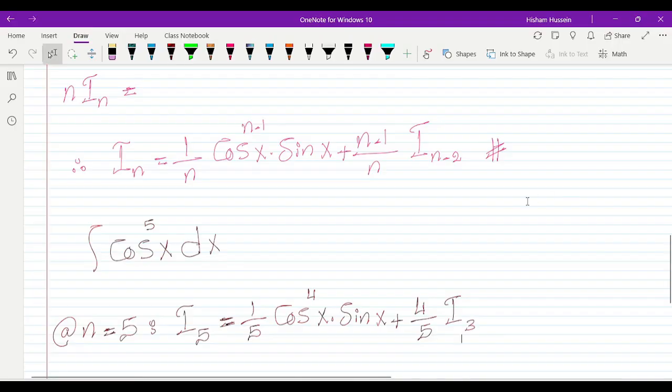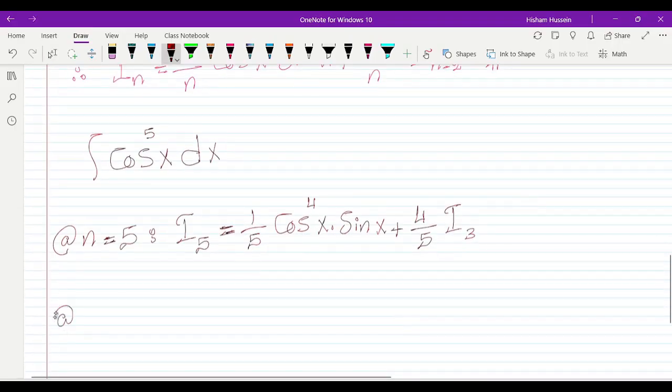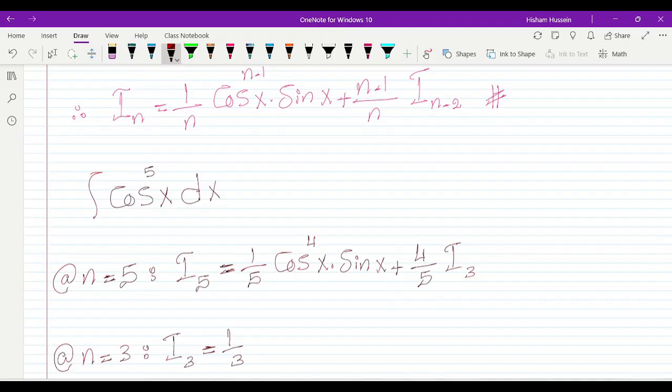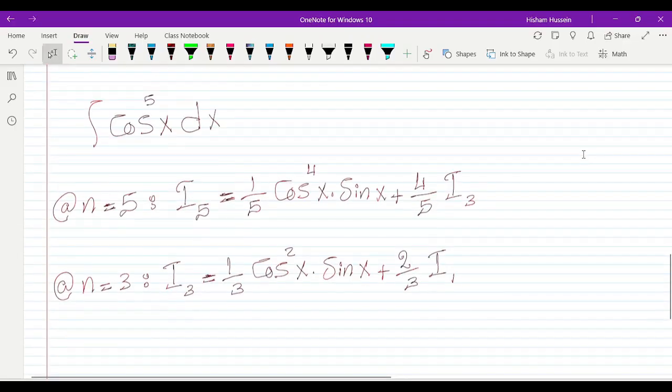Still, we need to evaluate I3 at n equals 3. So I3 is 1 over 3 cosine to the power 2 x times sine x plus 3 minus 1, which is 2, divided by 3 I1. Simply, I1 is the integral of cosine x.